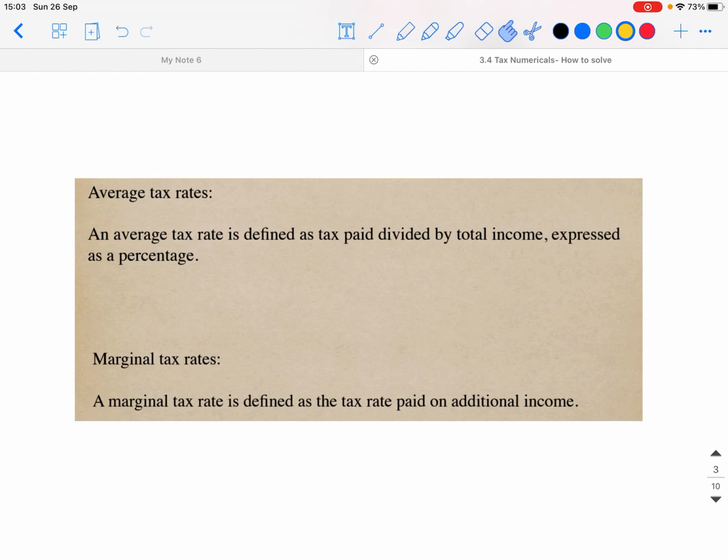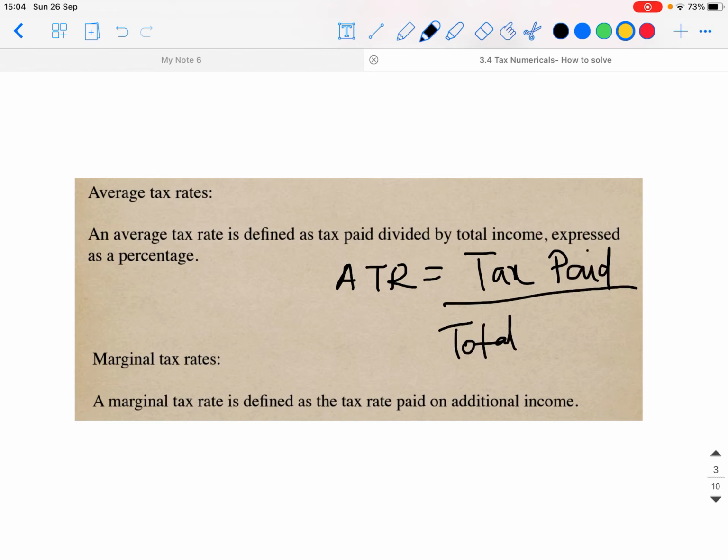So it's a simple formula: average tax rate is equal to tax paid divided by total income, multiplied by 100. Okay, so that's the average tax. And the marginal tax rate is the tax rate paid on additional income, which is the remainder of the income which moved on to the next slab, on which they had to pay a marginal tax rate.